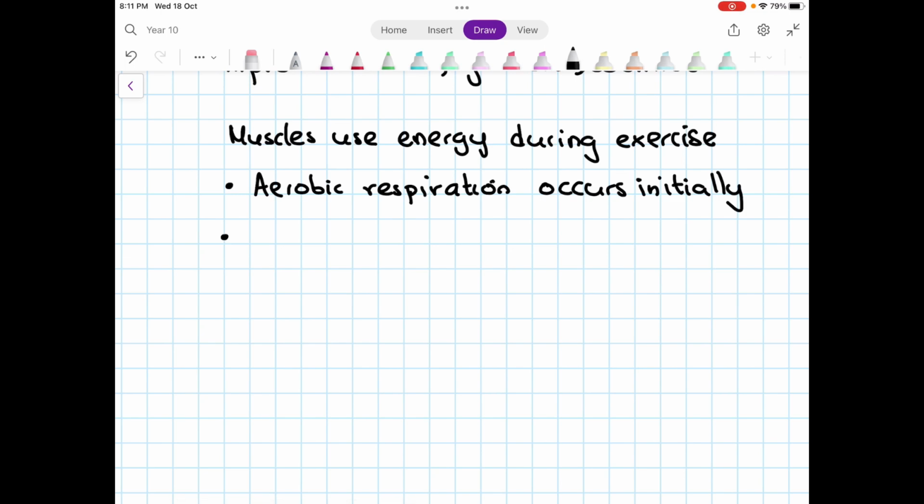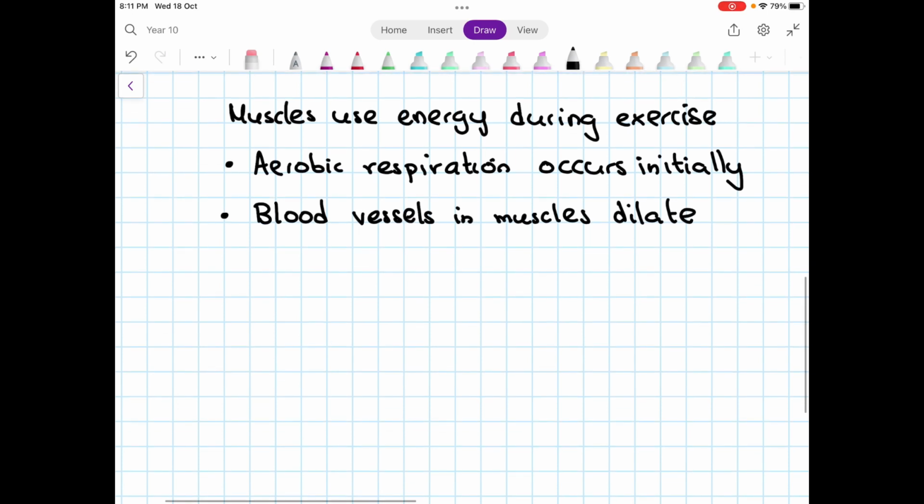And during exercise, what we also see is that our blood vessels in the muscles dilate. And this helps improve blood flow to muscle tissue.